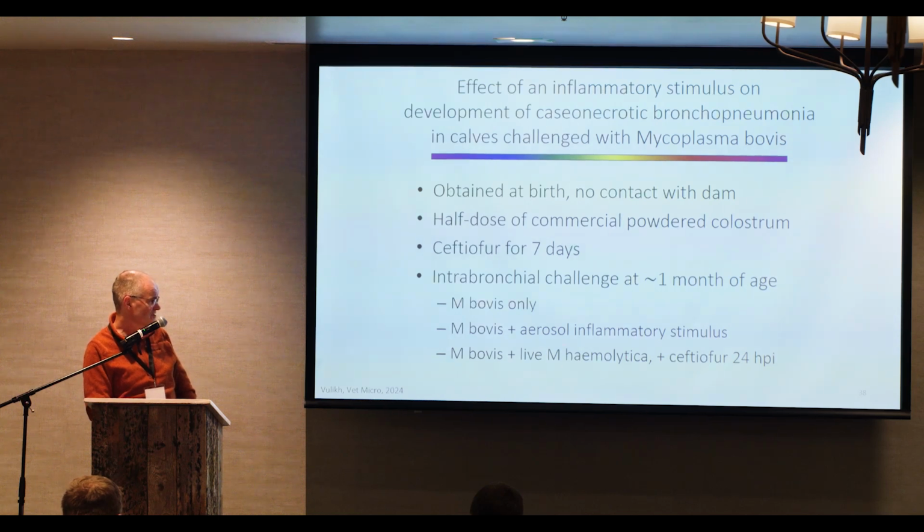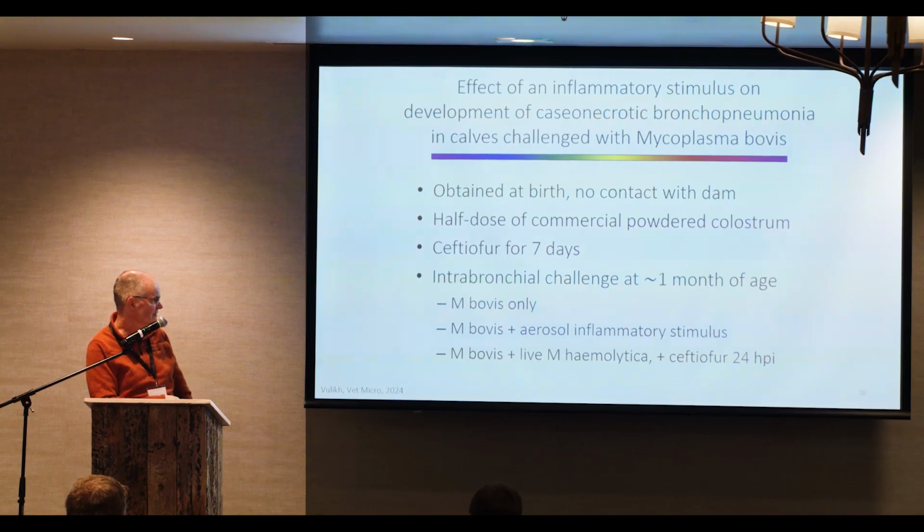We wanted that just as a transient inflammatory stimulus, sort of like this one here. So we gave them an antibiotic 24 hours after being infected with Mannheimia. That antibiotic is effective against Mannheimia, but again, because Mycoplasma doesn't have a cell wall, this antibiotic has no effect on the Mycoplasma.